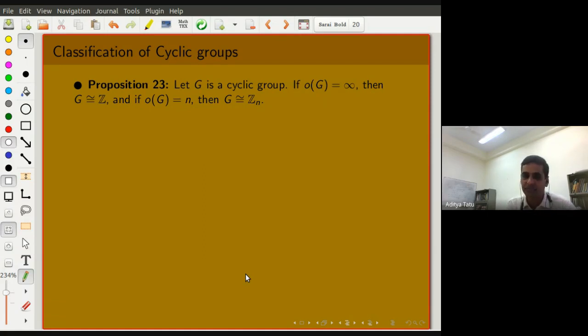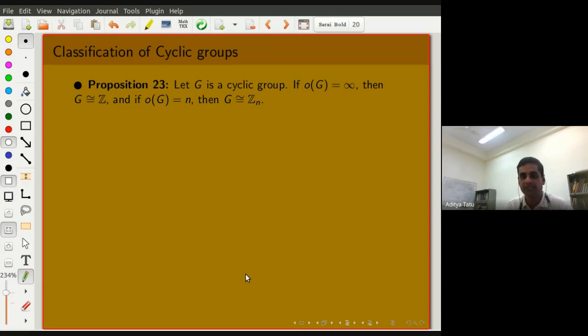Okay, this is something I hope you recall we have already used. When we were looking at several examples of cyclic groups, at some point I said that this Zn is a prototype of any cyclic group. So what I meant then is basically this. Rather than studying all these different examples of cyclic groups that you can come up with, you can only look at Z or Zn as the case may be.